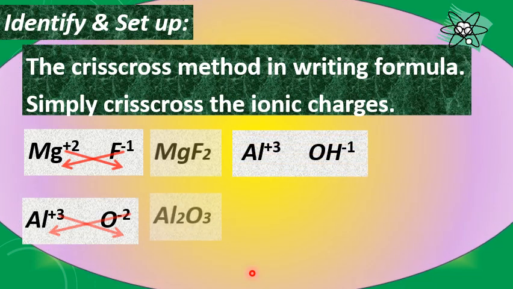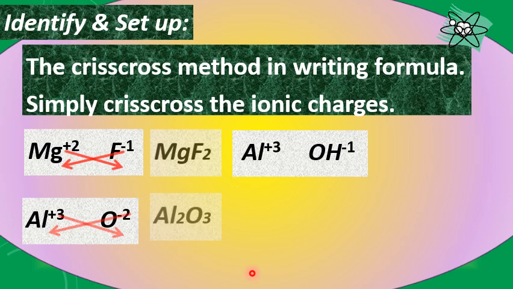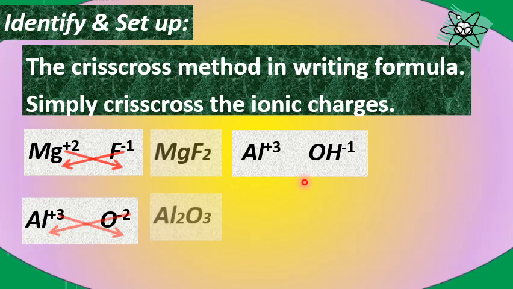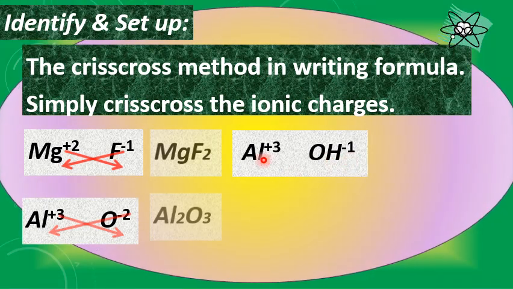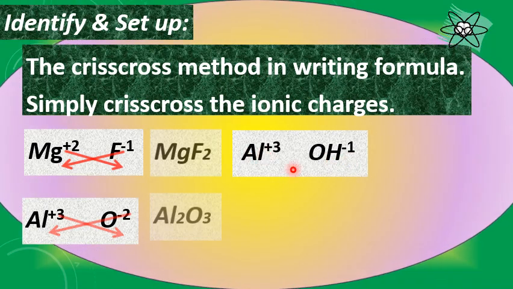Next, we have again aluminum +3 ion combining with a polyatomic ion known as hydroxide. The ionic charge of hydroxide is -1, while that of aluminum is +3.